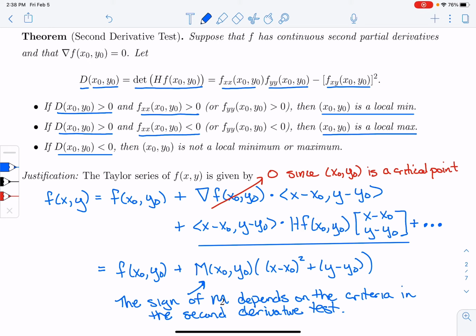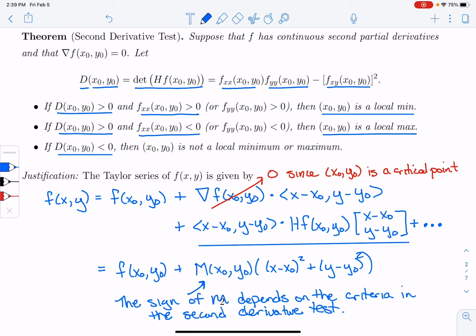So f of x, y is equal to f of x0, y0, and then we're either going to add something, which is m times something positive. Missed a square there. So we're either going to have f of x0, y0 where we add something, in which case we have a minimum, or f of x0, y0 where we subtract something, and then we have a maximum, or there's a possibility that it ends up being neither. It's neither always positive nor always negative, maybe it's sometimes positive and sometimes negative.